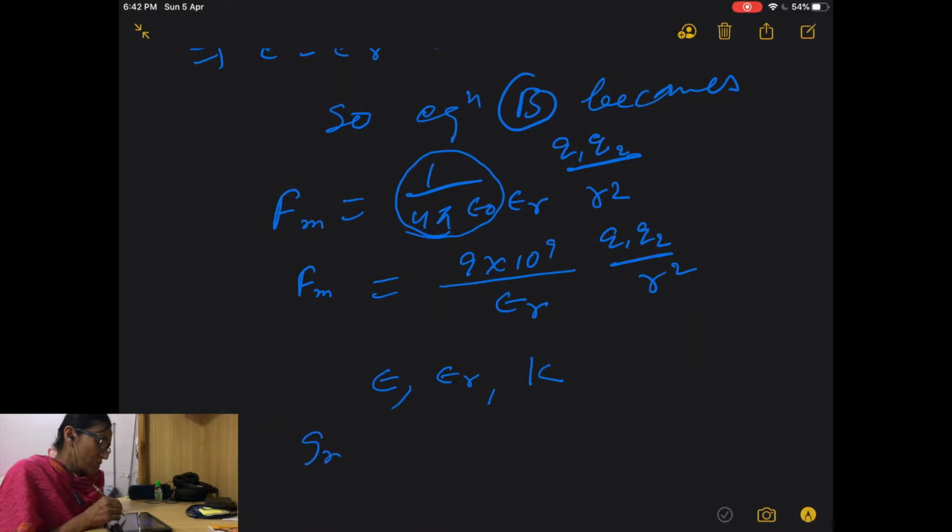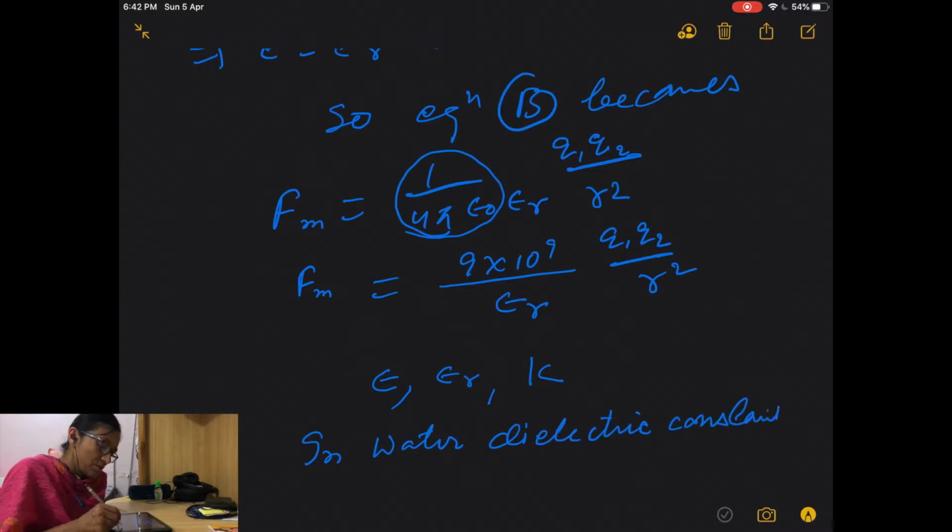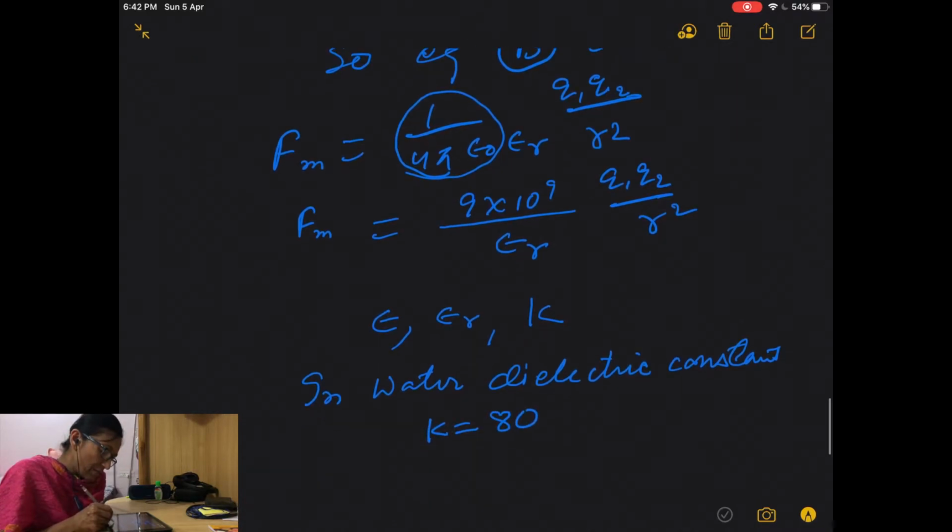Now force in medium water. In water, dielectric constant K is equal to 80.